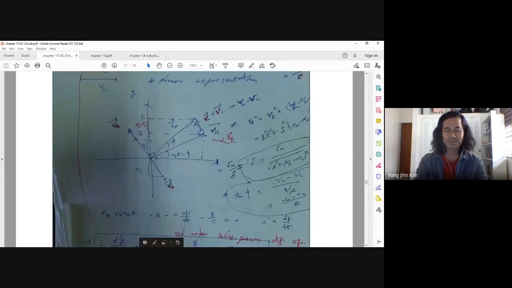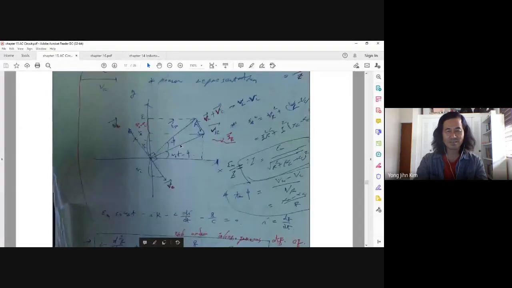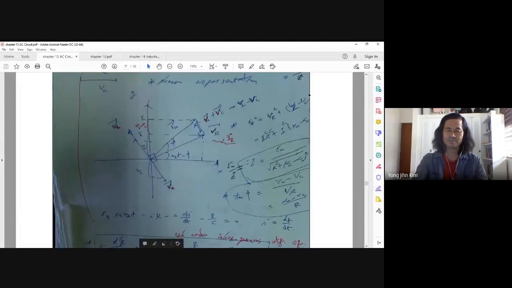Using the Pythagorean theorem, epsilon m squared is VR squared plus VL minus VC squared. VR is the voltage amplitude through the resistor, the current amplitude times resistance.